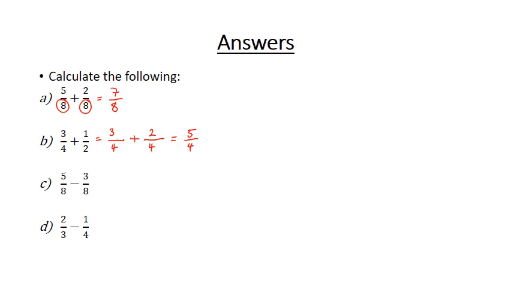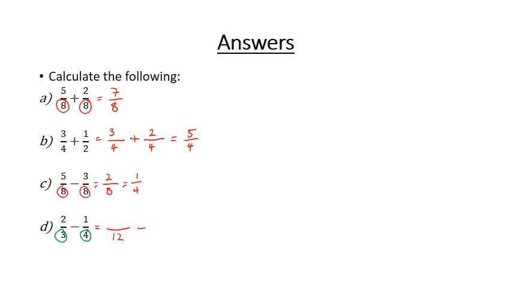In our third example, you can see that the denominators are actually the same. So we can keep it as 8, 5 take 3 is 2, and we can actually cancel this down to 1/4. In our last example, you can see that the denominators are actually different. So we have a 3 and a 4. We need to change these denominators to be a common denominator.